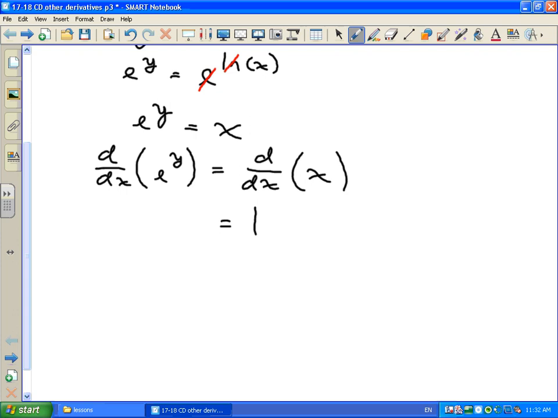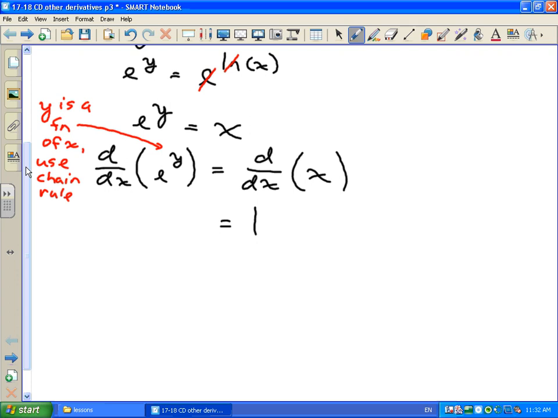So we have to use the chain rule here, because y is a function of x. But that's okay, because we learned how to take derivatives of exponential functions using the chain rule in our last lesson.